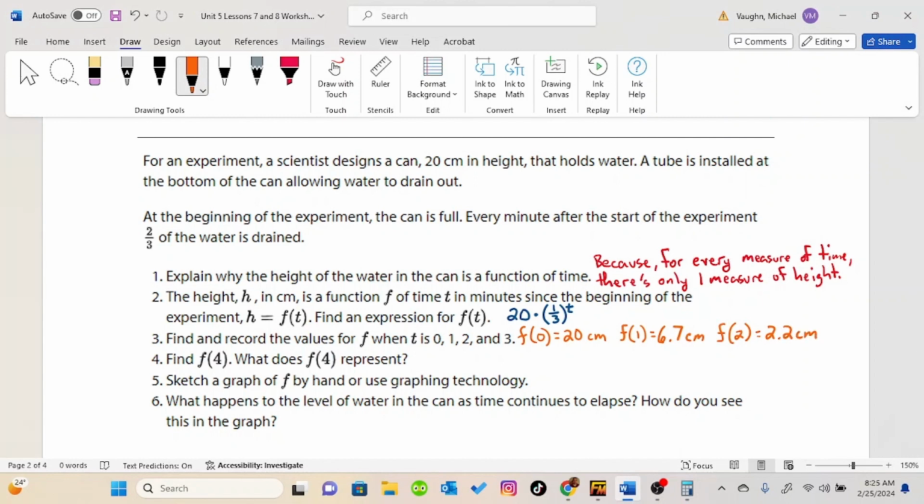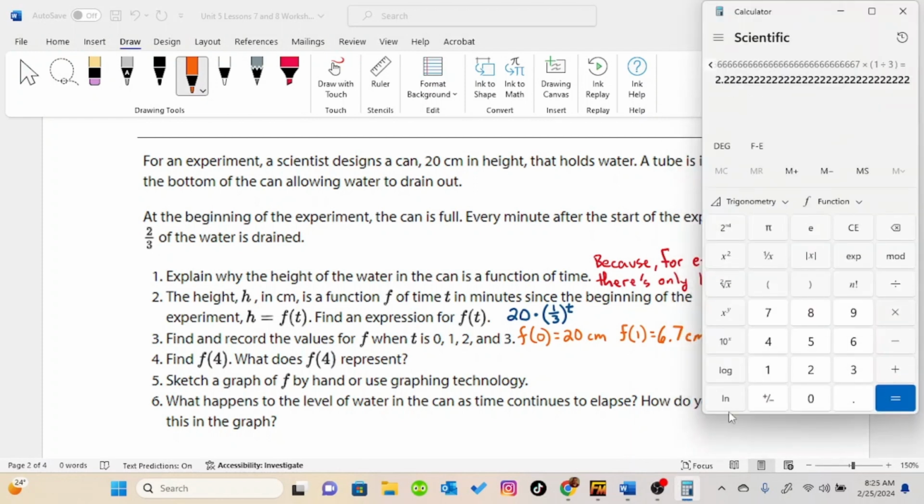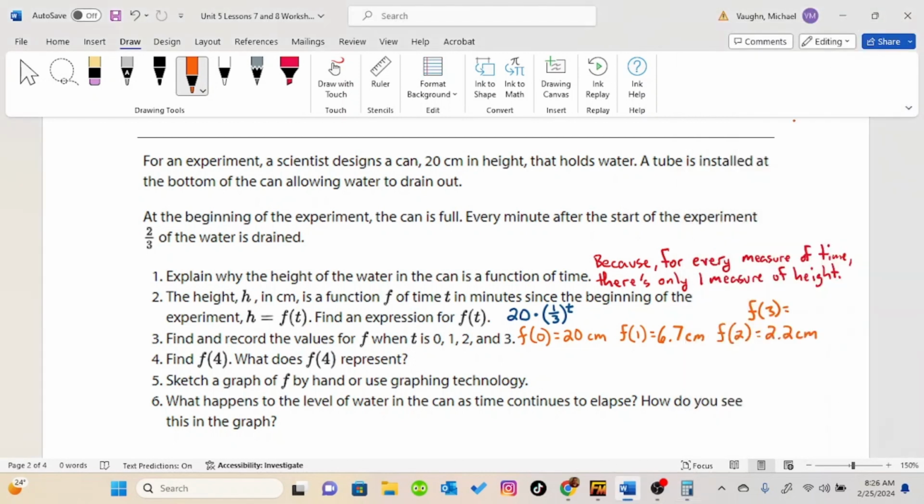And finally, f of 3, we would now multiply the 2.2 times 1/3. And our value is approximately 0.7.